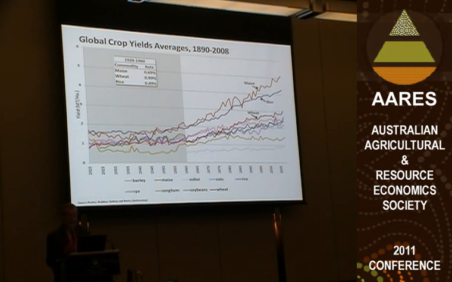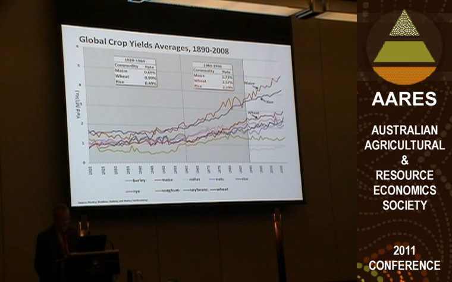From 1920 to 1960, you see average annual rates of growth well less than 1% per annum in maize, wheat and rice. In the 1960 to 1990 period, you see a substantial ramping up of the annual rate of growth to over 2% for rice, well over 2% for wheat, and 1.7% for maize.